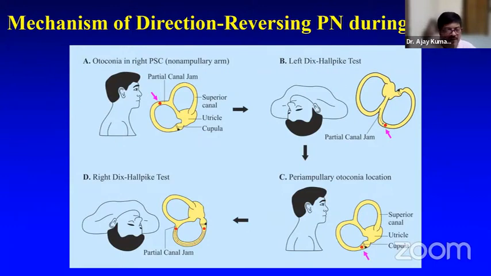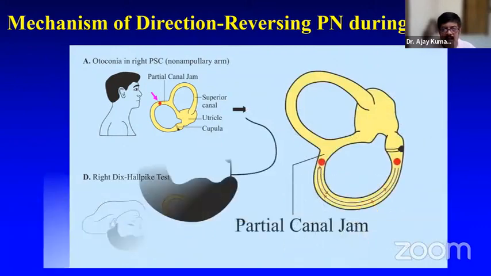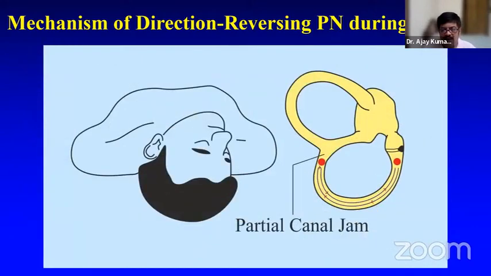And as the patient was again taken for the right Dix-Hallpike test, this happened, which I have shown here. First, there is an ampulofugal deflection causing upbeating right torsional nystagmus of the typical posterior canal BPPV.